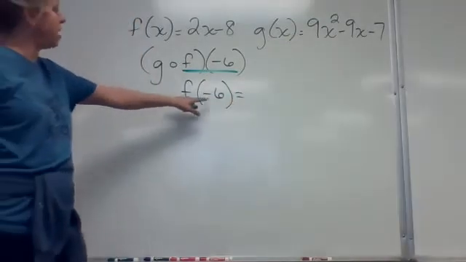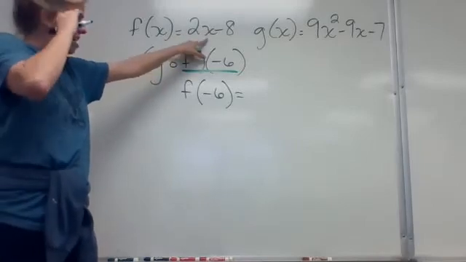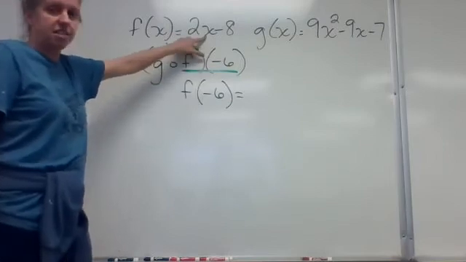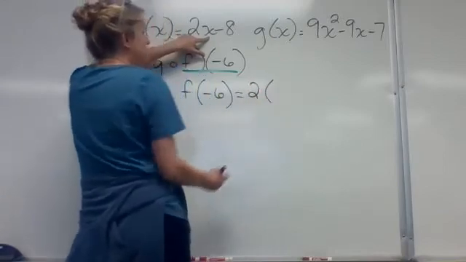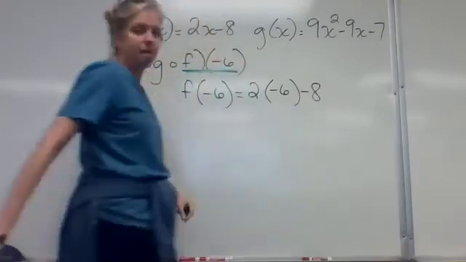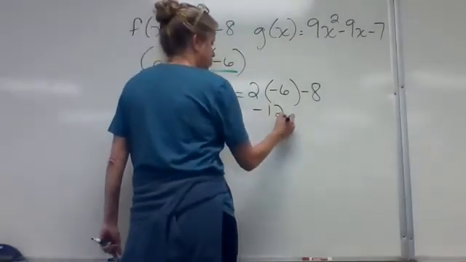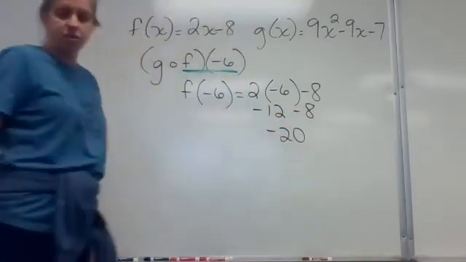Which tells me to go to my f function, so this front function, and replace its x with a -6. Okay, so if I replace this x with -6, I'll have 2 times -6 minus 8, which gives me -12 minus 8, which gives me -20.